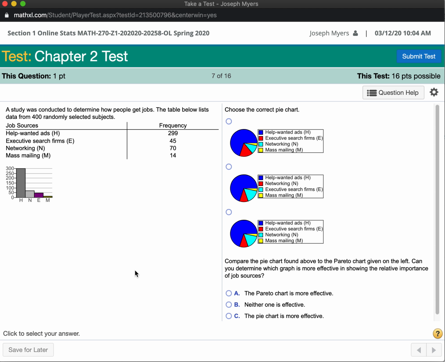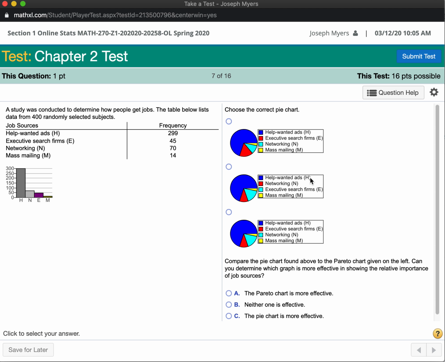Then question 7. This one says, a study was conducted just to determine how people get jobs. Most of the people got jobs from help wanted ads.